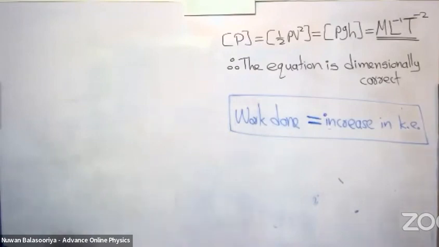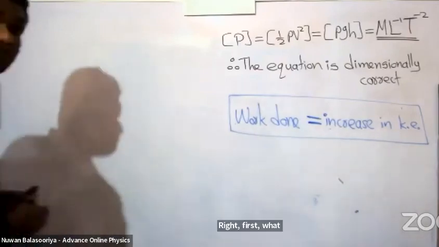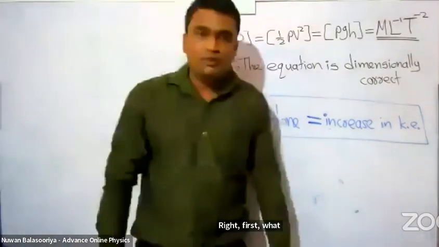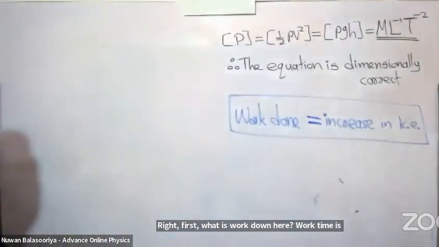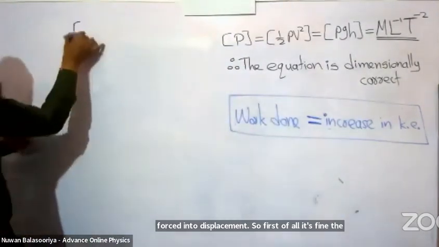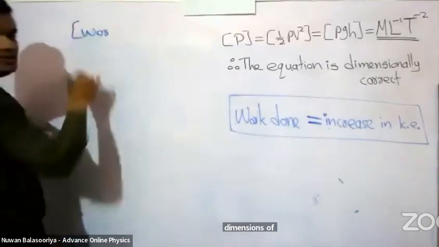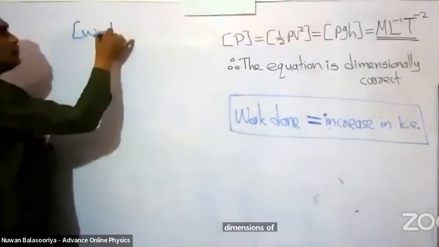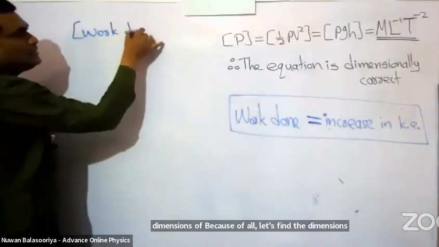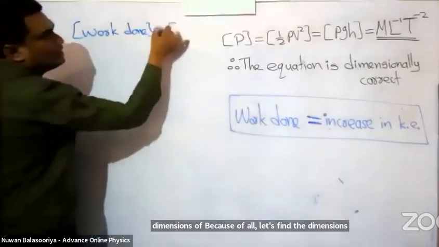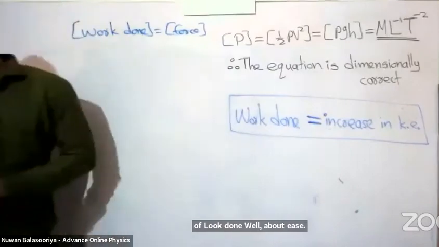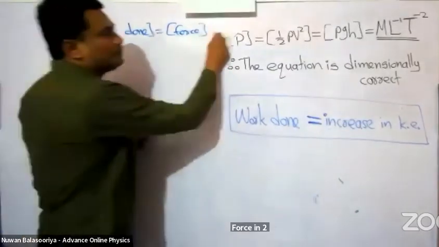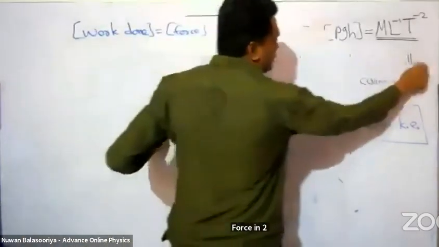Right. First, what is work done here? Work done is force into displacement. So first of all, let's find the dimensions of work done.